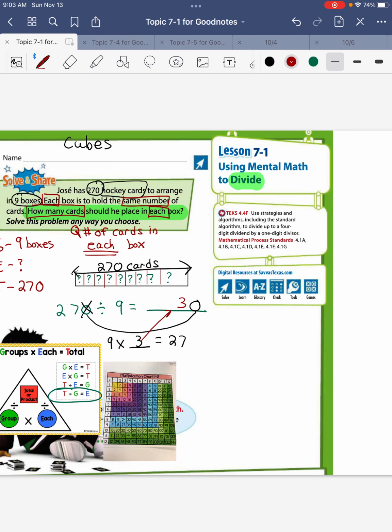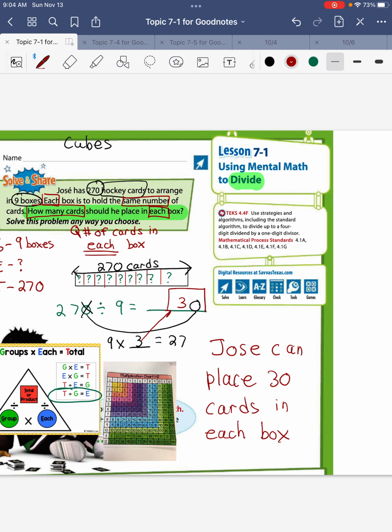So on the side, I can say, Jose can place 30 cards in each box. Okay, that is my answer, 30.